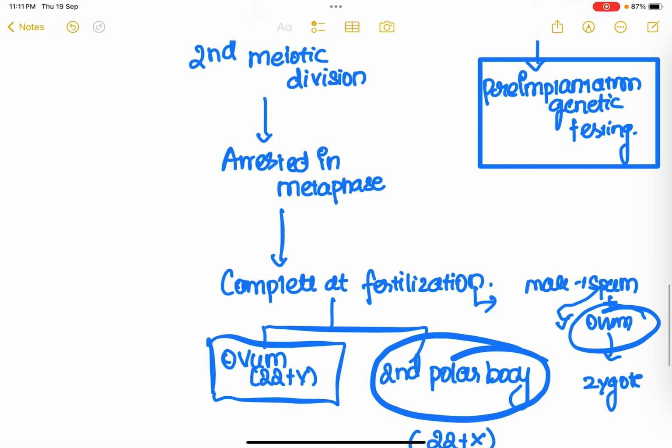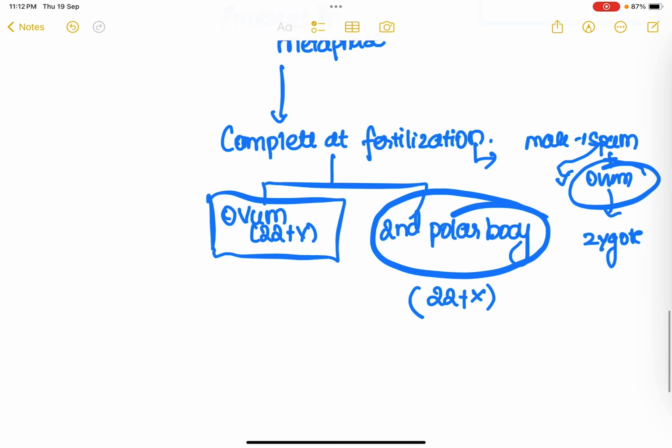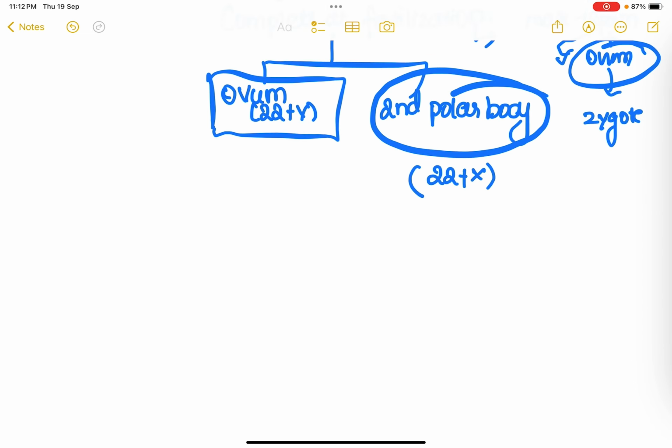When is this arrest completed? Only at the time of fertilization. At fertilization, the ovum and the second polar body are released, and the ovum fuses with the male gamete, the sperm, resulting in the formation of the zygote, right? Excellent. So this is all about oogenesis.